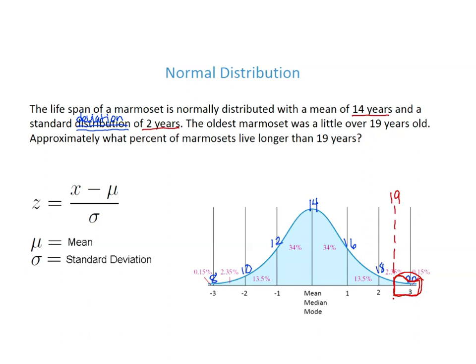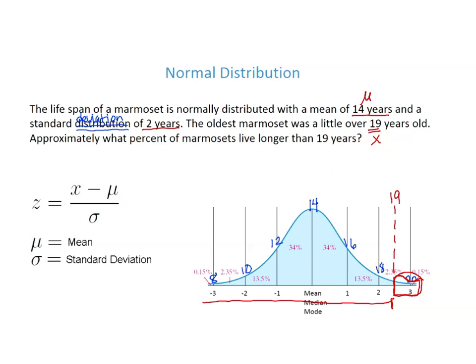So we can find a z-score to find everything that's up to that point, and then we just have to find how much is left over from 1. So let's find our z-score first. To get our z-score, we have to do the value that we're using, which for us is 19. This is going to be our x, minus the mean. So this is our mean.